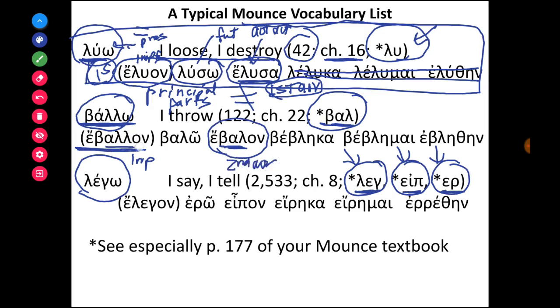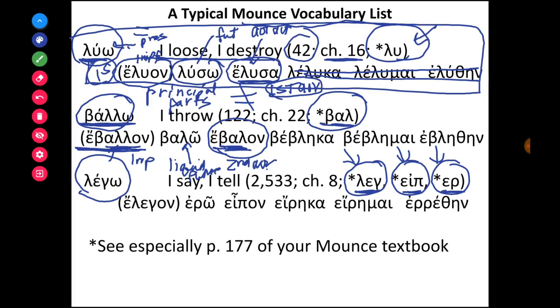And the difference between eballon imperfect and eballon second aorist is that the aorist uses the verbal root with a single lambda, while the imperfect uses the lexical form with a double lambda. Now, because this is a liquid verb, you have not learned this liquid future form yet. So we're going to wait on talking about this form until another module.